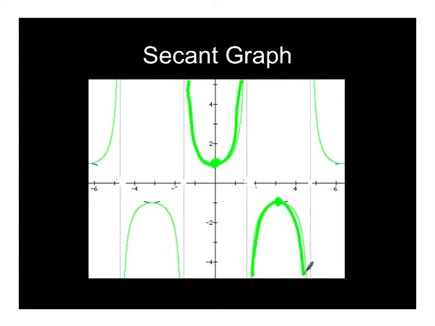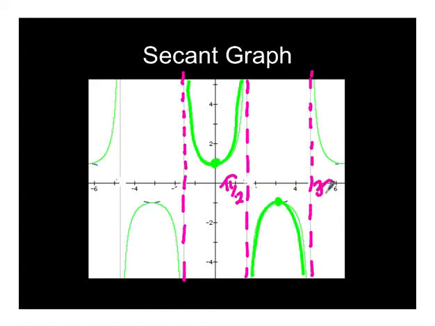Okay, so now these are asymptotes too, so it's important that you get those down. These are asymptotes right here. Okay, where do those asymptotes occur? Pi over 2 and 3 pi over 2.